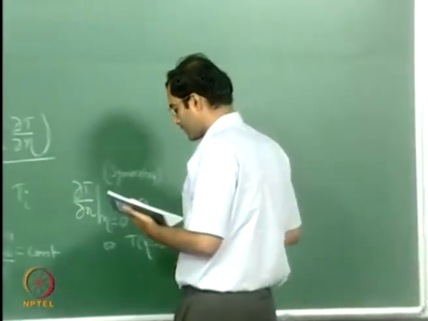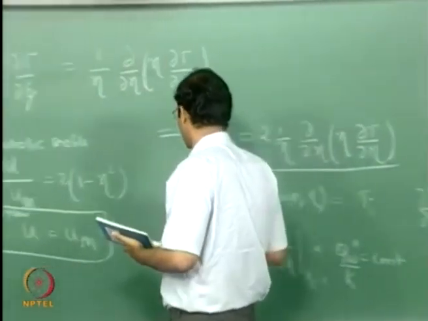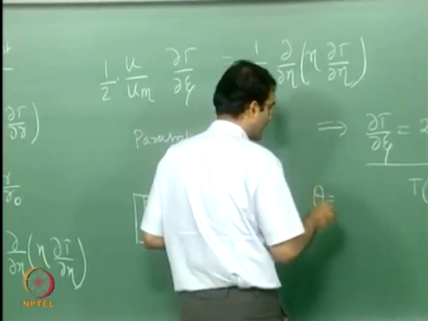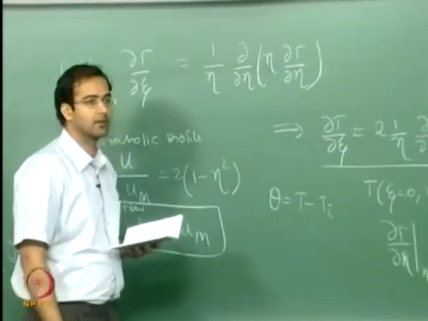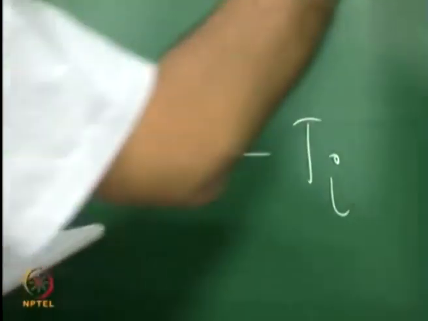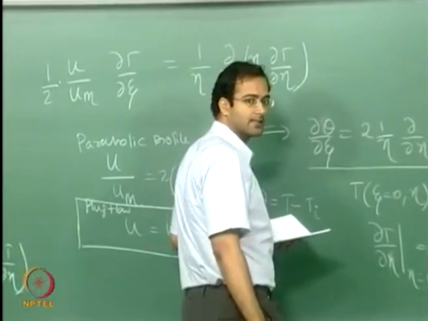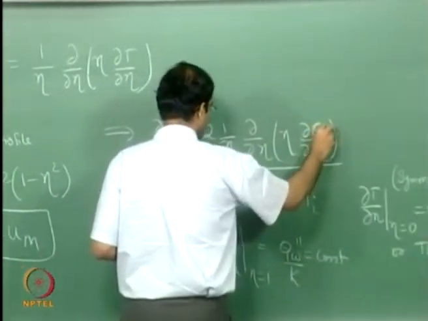So what I am going to do is introduce theta here, which is of course not non-dimensional, but I will define it as T minus Ti. Since Ti, the inlet temperature, is a constant, I can replace T with theta.